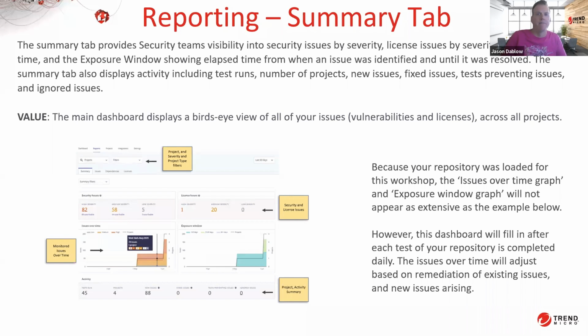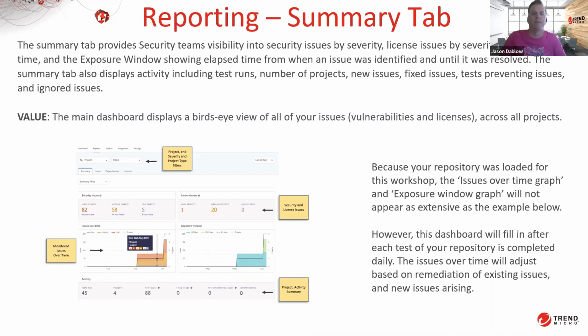This provides that visibility for security issues based on the different values that we went over. You also have things like the exposure windows, which shows how long this application has been out there with these particular vulnerabilities, and if the development teams or DevOps teams are lowering your risk value by ultimately solving some of these problems within the code tree.